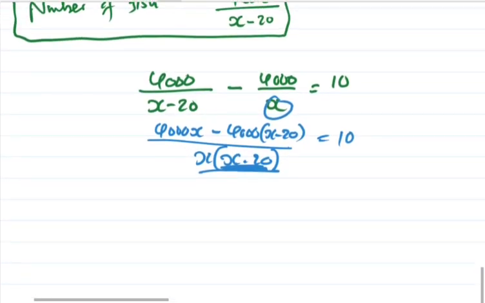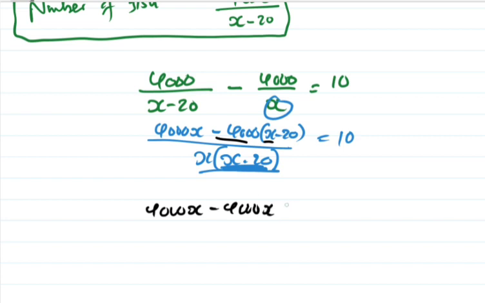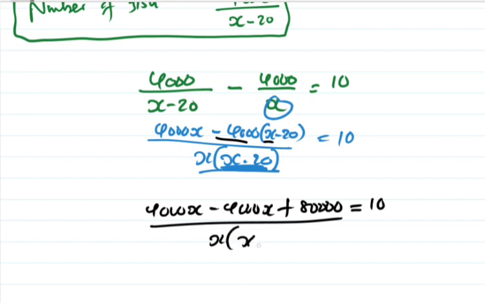Then let's now remove the bracket. We're going to have 4,000x minus this one times that one, it equals 4,000x plus 20 times 4,000, the answer equals 80,000. Then it is equal to 10 divided by x open bracket, x minus 20.